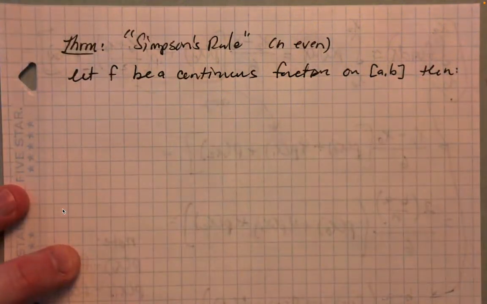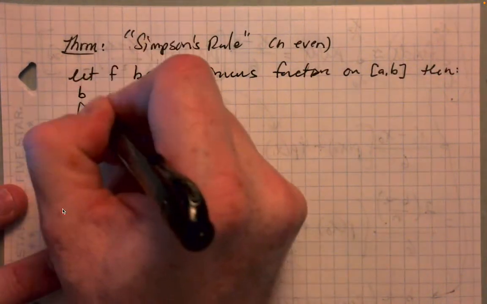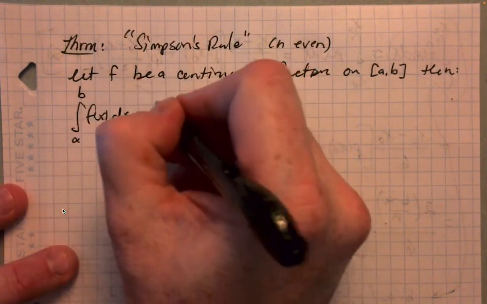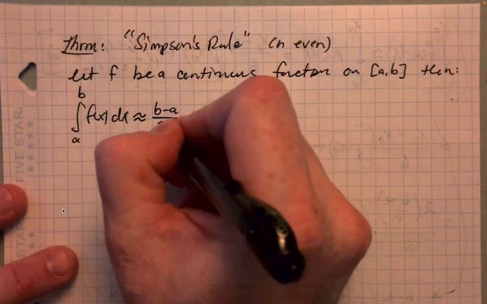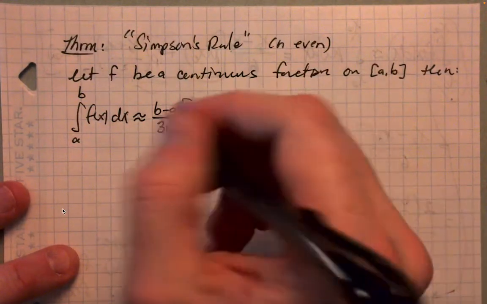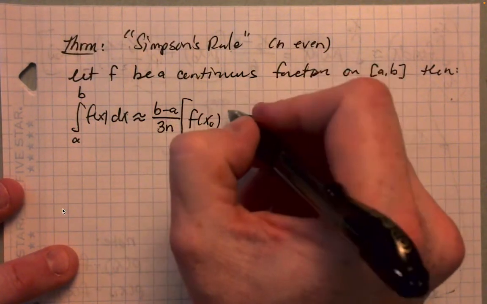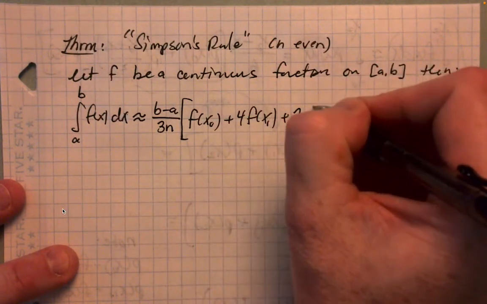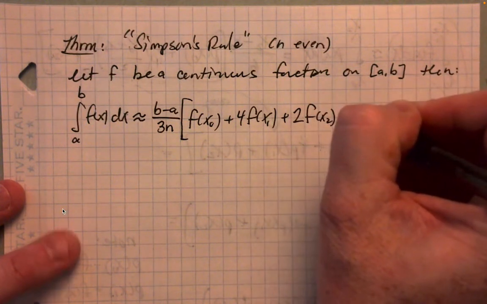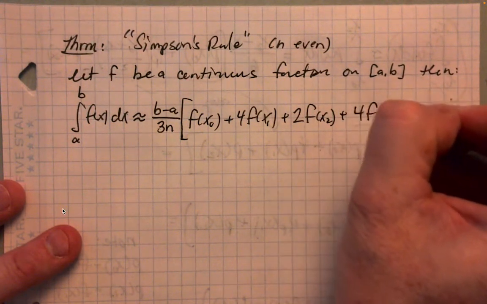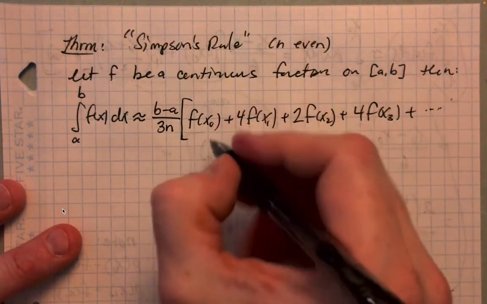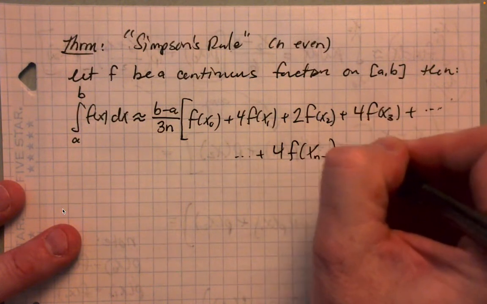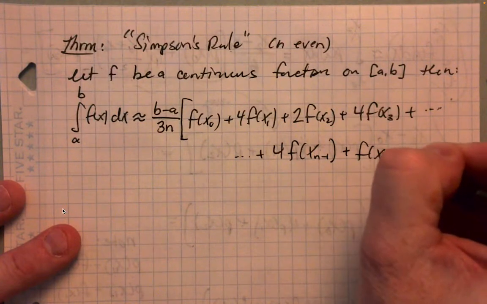then the integral from a to b of f of x dx is approximately (b minus a) over 3n times f of x0 plus 4 times f of x1 plus 2 times f of x2 plus 4 times f of x3 plus dot dot dot plus 4 times f of x(n minus 1) plus f of xn.